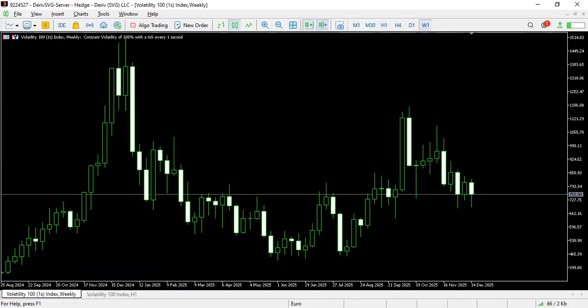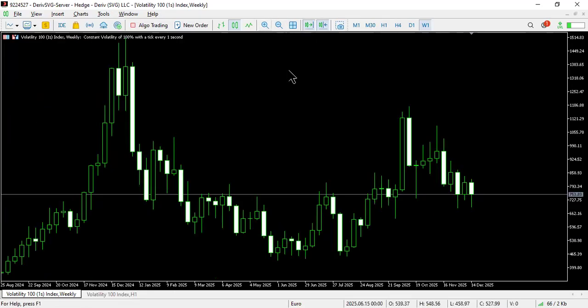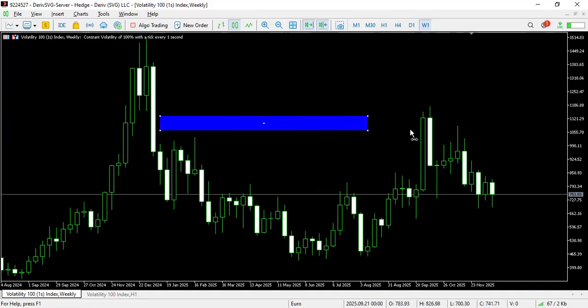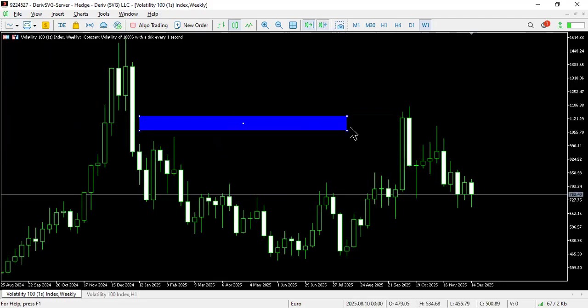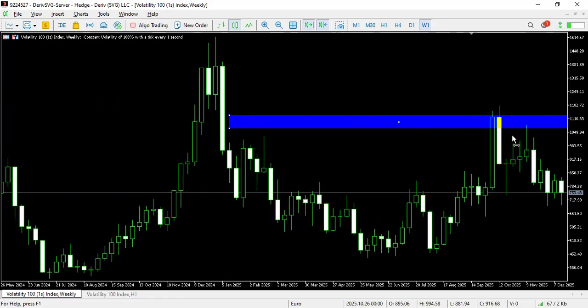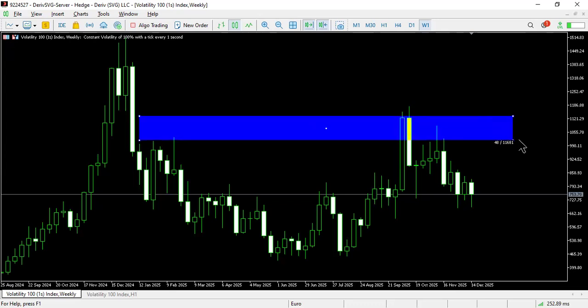And then if we go to VIX 100 1S, we can start from the weekly time frame by marking our supply and demand zones. So we have a supply here, right there.